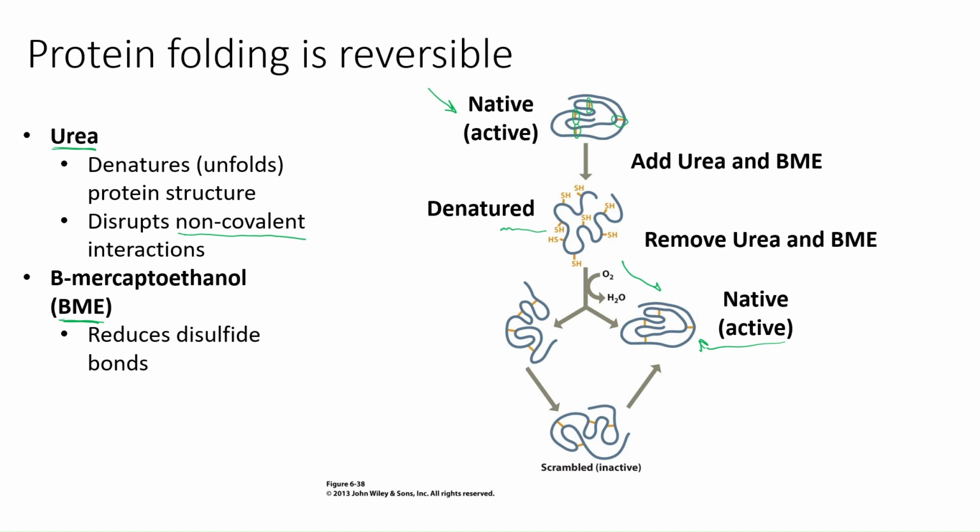But something interesting can happen if you take away the urea and BME one at a time. So now we're going in this direction: if you only remove the BME from your denatured protein, the protein is able to start forming disulfide bonds, right? Because it's only in the presence of urea.